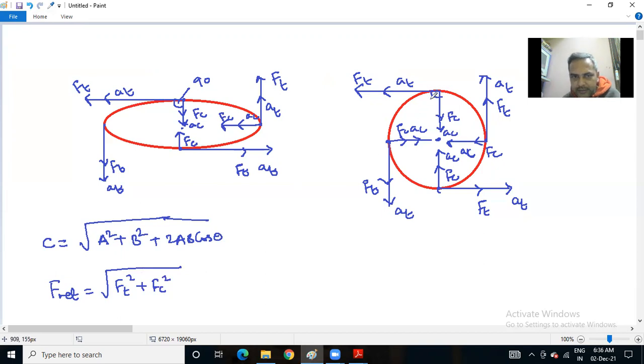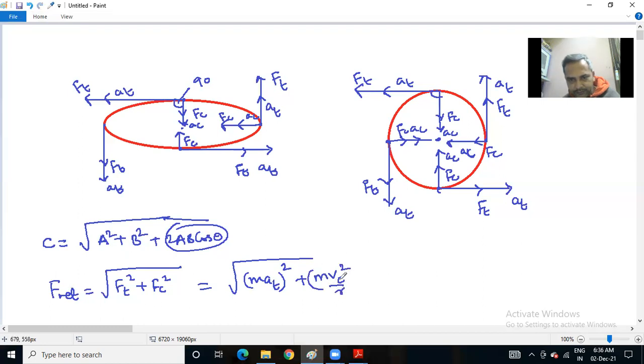Since theta is 90, this cos term does not exist. So therefore the square root of Ft square plus FC square. So you can write it in another way: M into tangential acceleration, plus M into centripetal acceleration, M VC square by R. So this is another way.